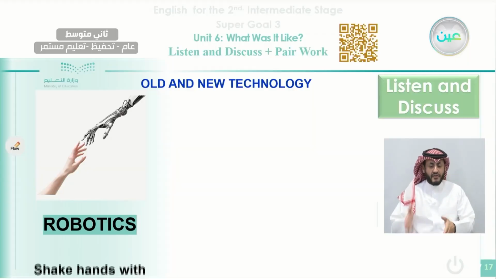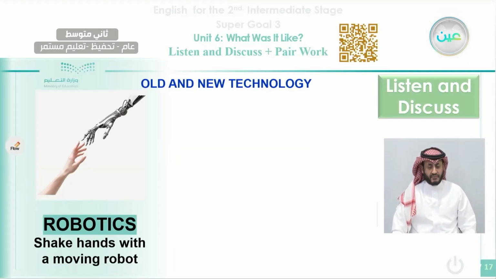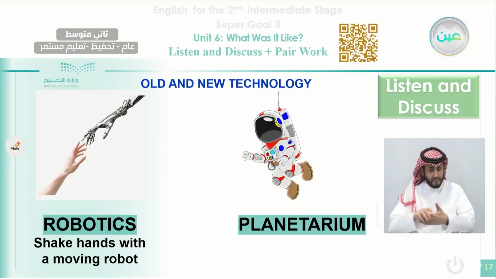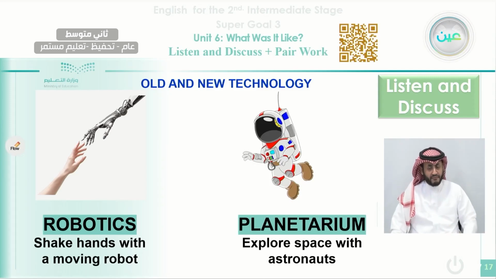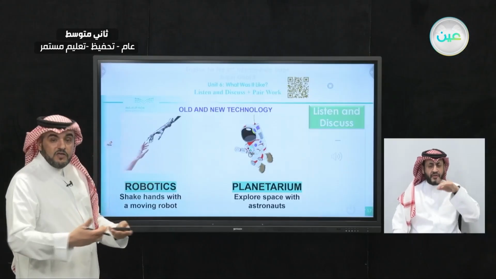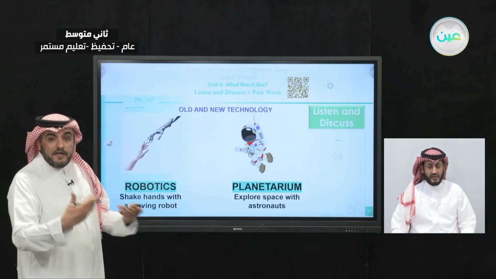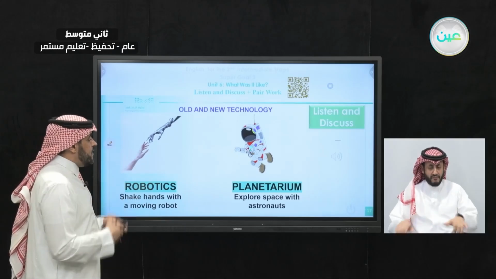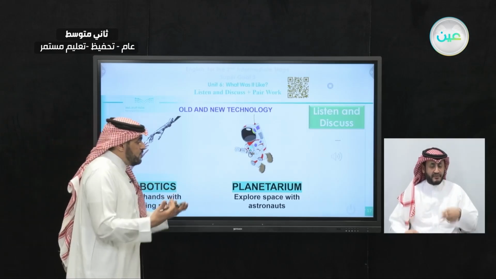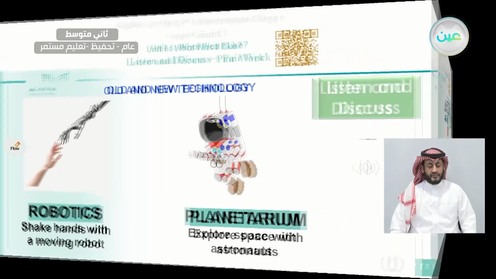Okay, so here robotics, you shake hands with a moving robot, and here also is about a planetarium. This is a planetarium that you will go to and imagine that you are in space. There is no gravity, and it is a very interesting experience if you have a chance to do that. You will explore space with astronauts.